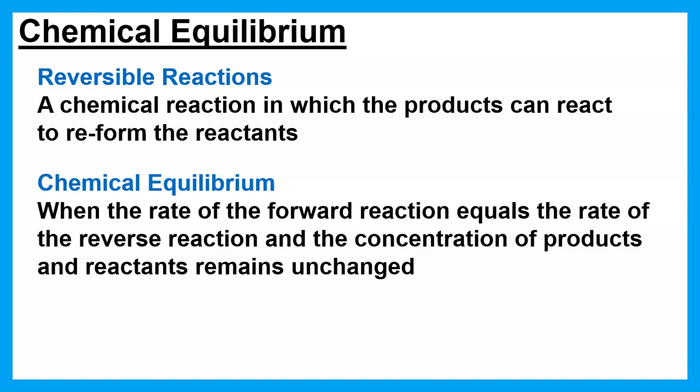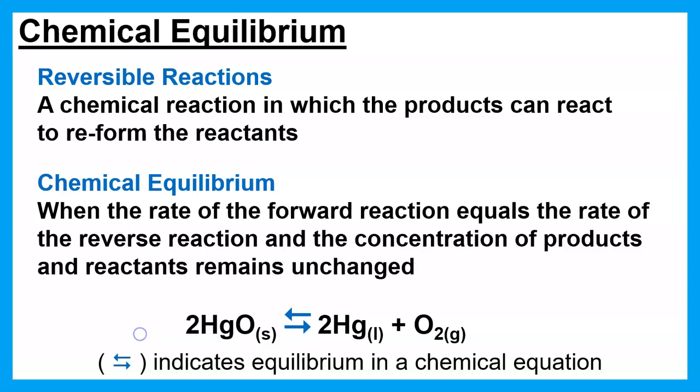So even though the reactions are still occurring forward and backwards, the concentrations won't change because they're happening at the same speed. When we have an equilibrium equation, a reversible reaction, we use a double-headed arrow. You can see people draw these in a variety of ways, but the idea here is we're trying to show people that you can go forward or you can go backwards.